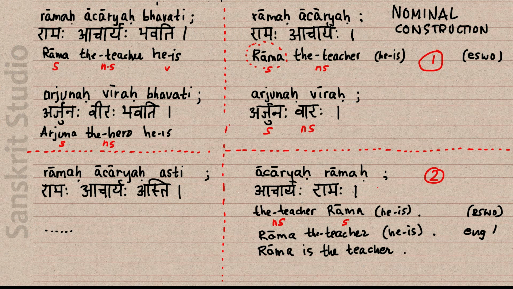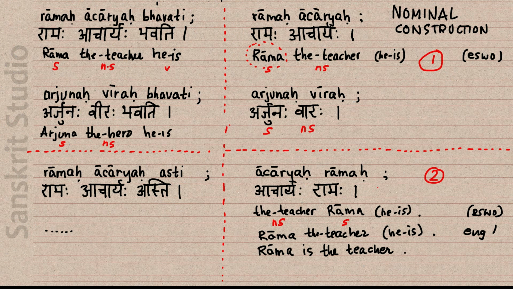All right, so that's the point on the nominal construction. So then we have a nominal construction with Asti, or without Asti, or without Bhavati also.